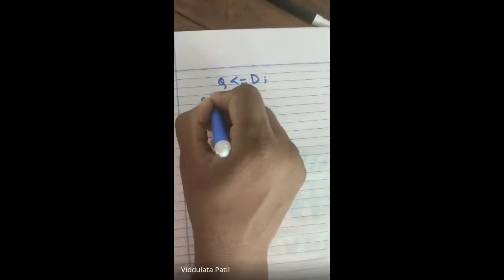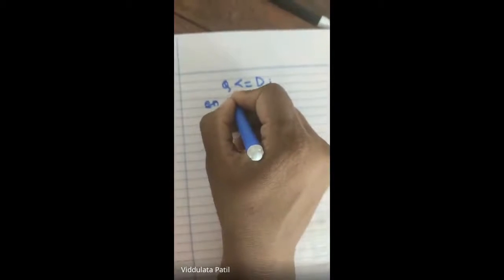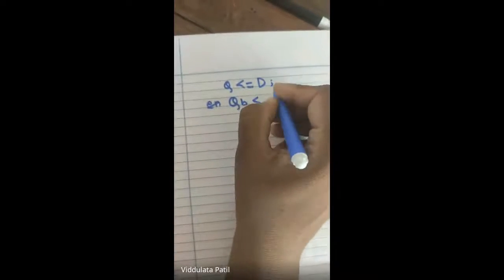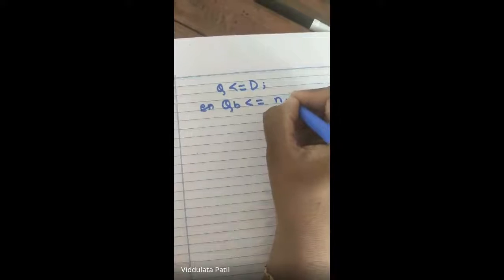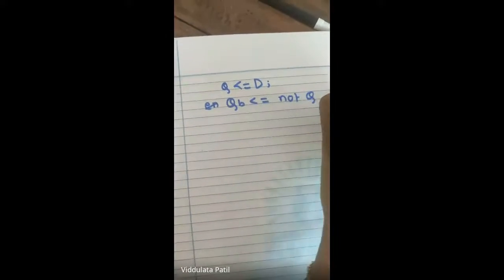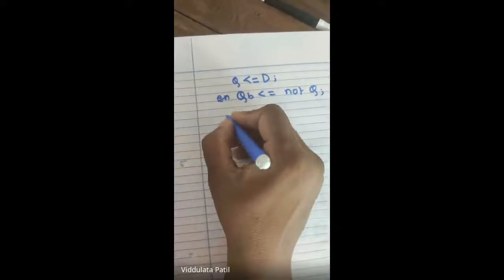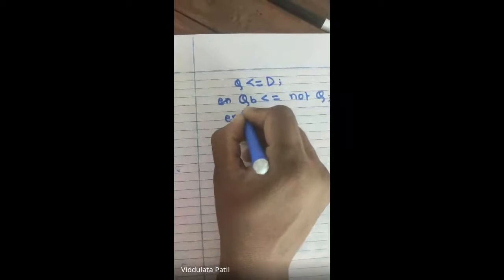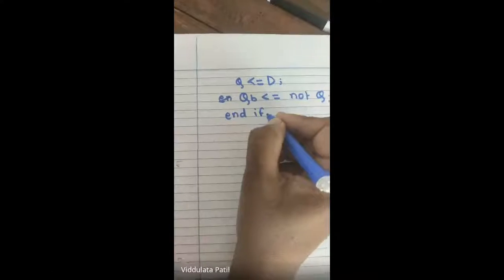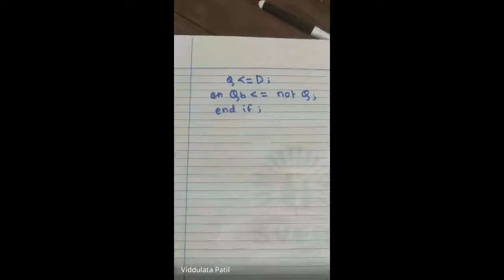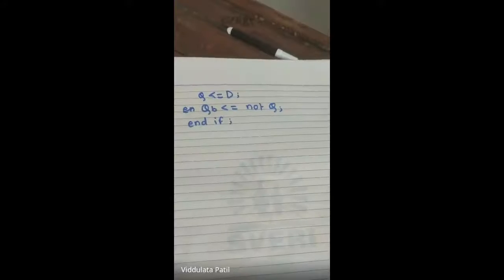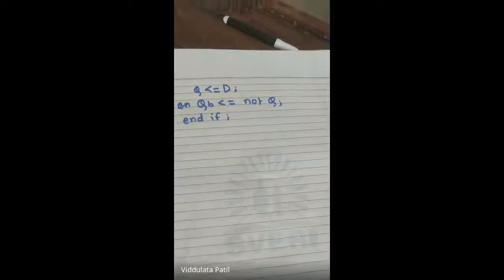Now we have declared Q bar also. So QB will be assigned to not Q. Then end of if statement. Can we write not D? Yes, you can write not of D also.